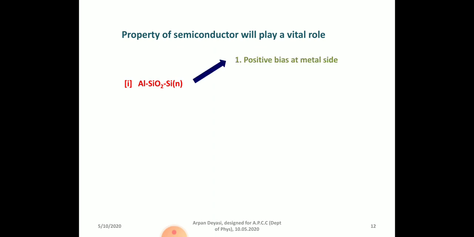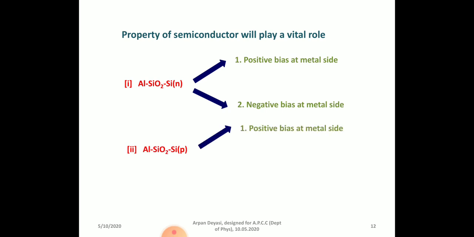In that case, you can apply positive bias at the metal side and you can apply negative bias at the metal side. Similarly, you can take aluminum silicon dioxide silicon P, for which positive bias at the metal side and negative bias at the metal side. So there are 4 different options.